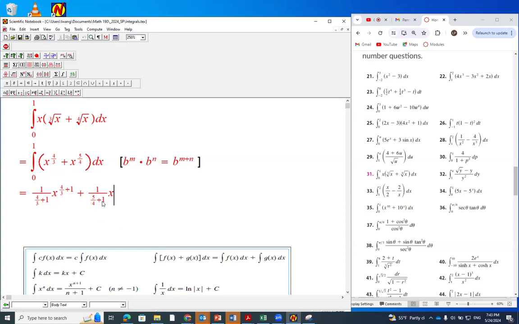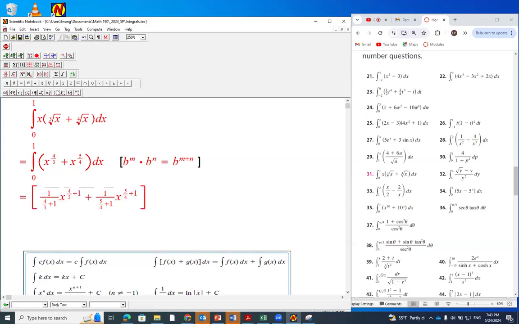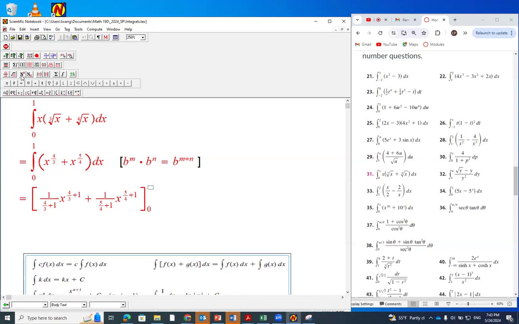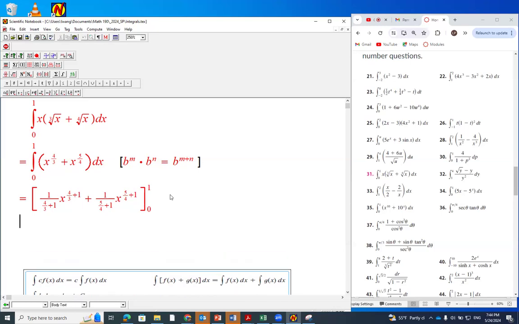So x raised to the power of 5/4 plus 1. And this time you don't add a constant. You don't add a constant because this is a definite integral. So what you can do is that you can put in the bracket and the 0, 1. You can mark it this way.